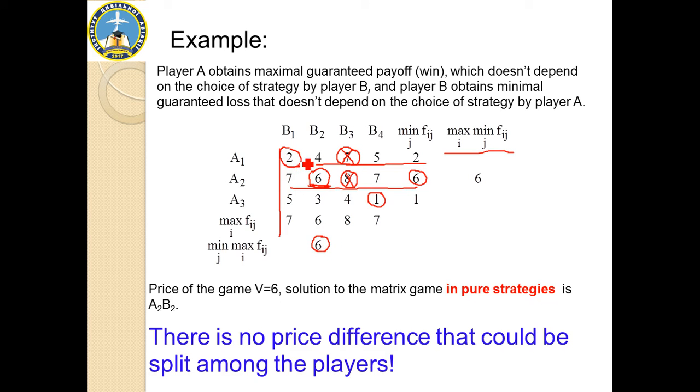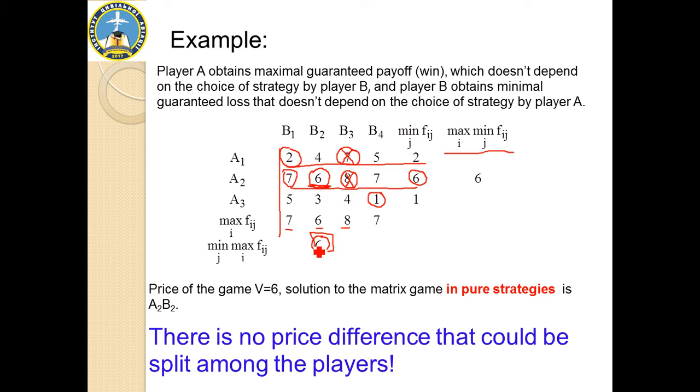So the maximum in every column, here it's 7, this one is 7, here it's 6, here it's 8. So obviously the minimum of these maxima is 6. So 6.